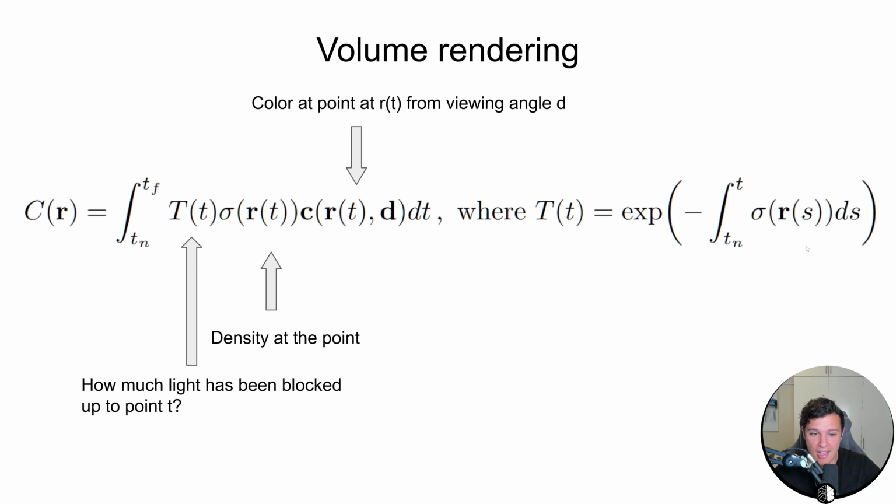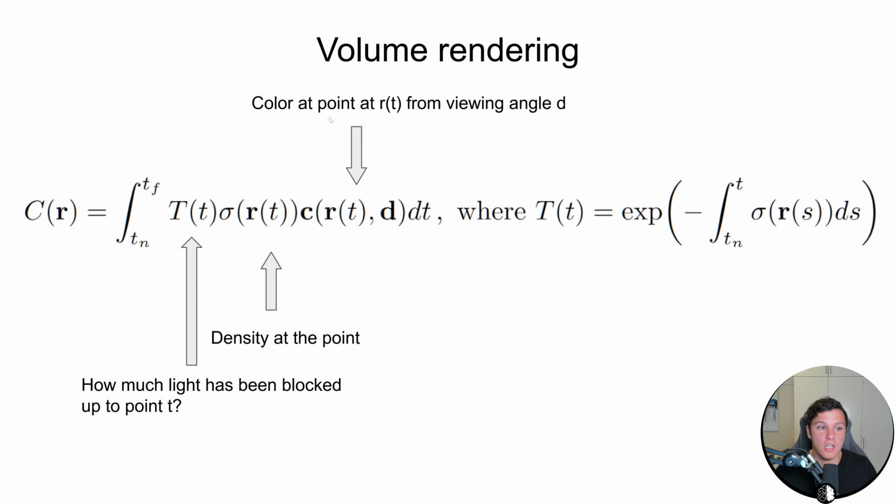Now I know that was fast. All you need to know is that this volume rendering is a traditional volume rendering method from the 1980s. It's not specific to NeRF, but how it does it is that it takes a mean, basically, as I described simplistically, by looking at these three weighted things: how much light has been blocked up to point t, the density at the particular point, and then the color at that point, and multiplies them and takes an integral.